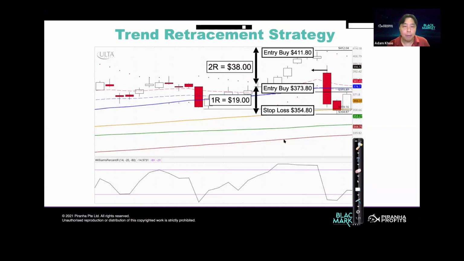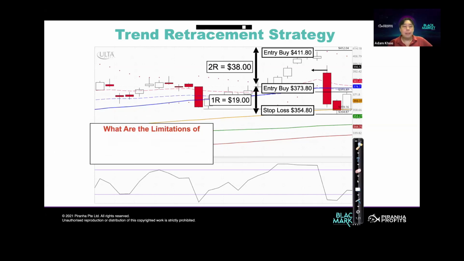Okay. Now, what I'm showing you now is how to trade stocks, how to trade the stock itself. But question, what are the limitations of trading the stock itself? Well, the first limitation is you need more capital, right?